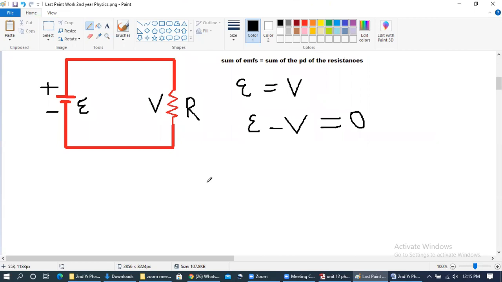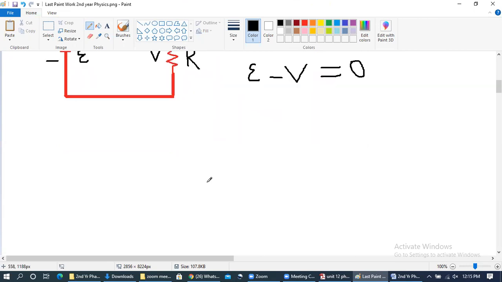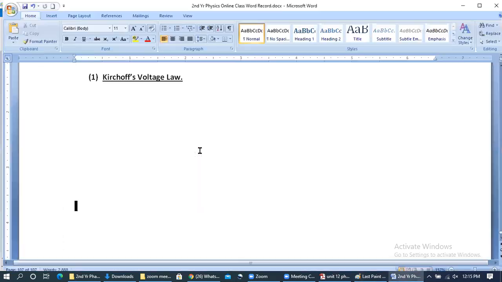Now let's see the next. Anyhow, this was the basic concept of Kirchhoff's rule. Now we'll be proceeding towards Kirchhoff's law. Voltage law has been studied, but now we will be moving toward Kirchhoff's current law.